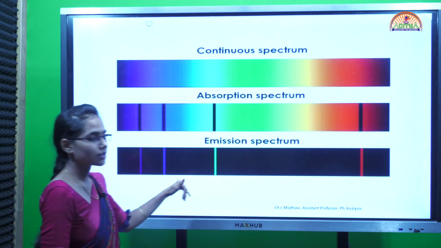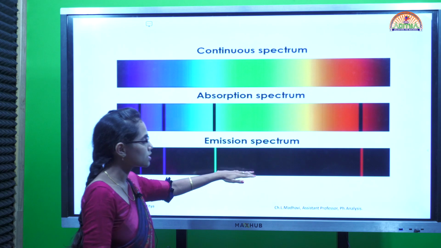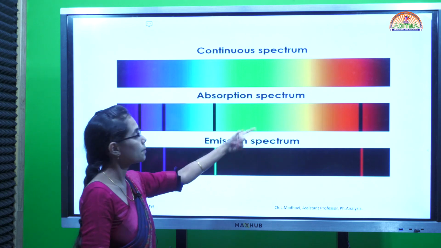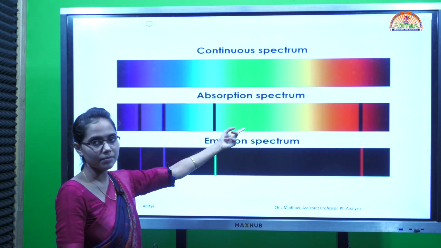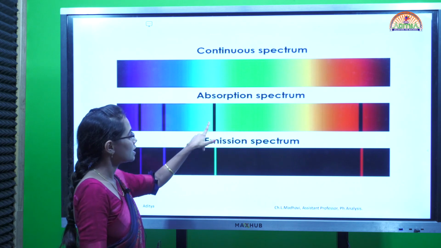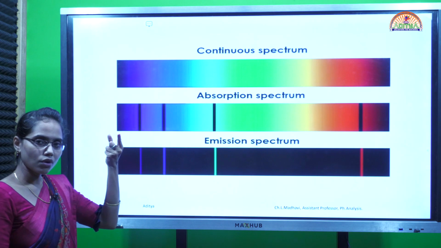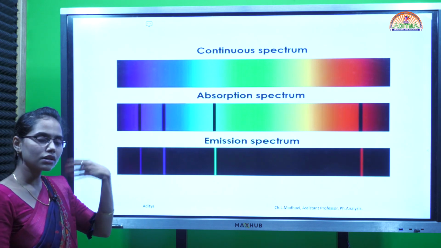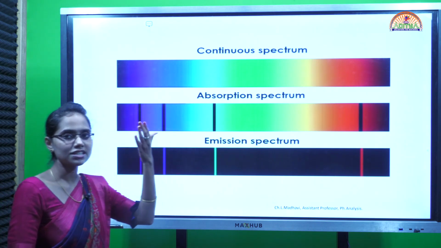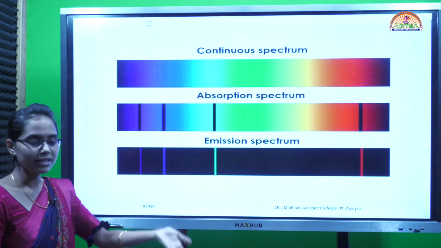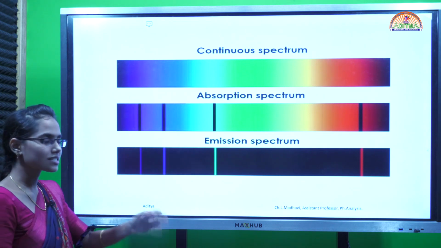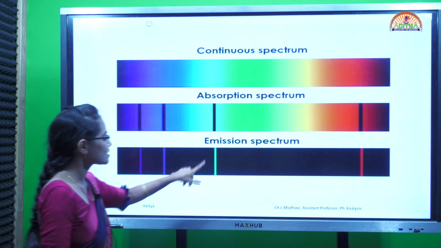Whatever is absent in the emission spectrum is present in the absorption spectrum as bright lines. That means in absorption, whatever is absorbed is used for sending the electrons to a higher energy level. From there they get down to the lower energy state and get emitted, so that is seen as emission.